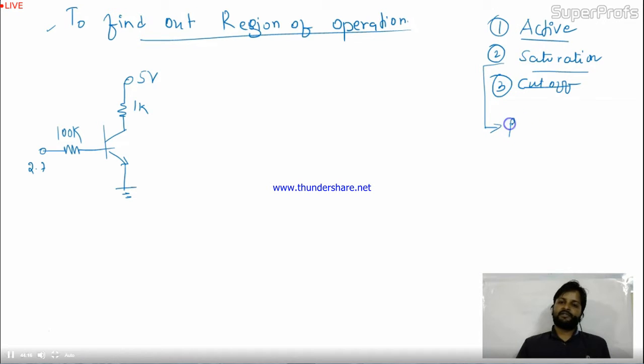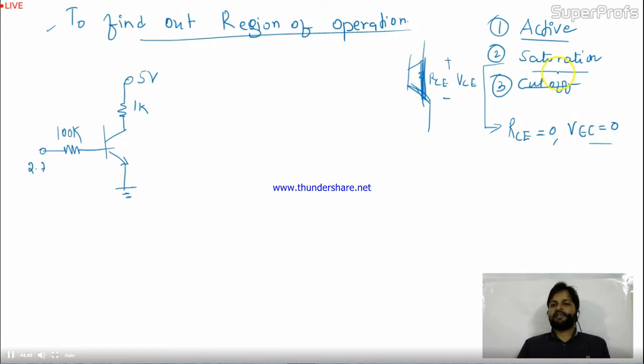The condition for saturation is that VCE will be 0 or not. If you remember that particular symbol, over here I have RCE, across here also I have VCE. In the saturation region the RCE was very low, so in this case VCE obviously will be low. So this is the condition for saturation.